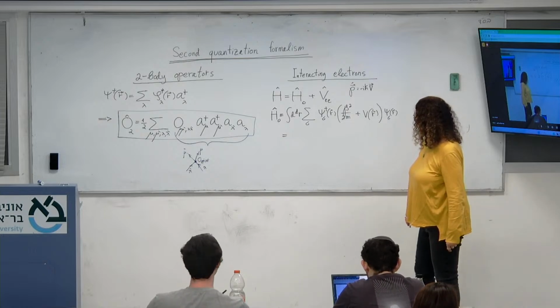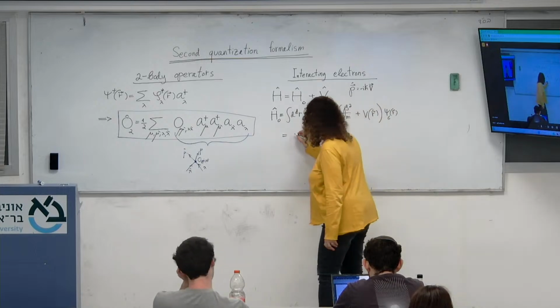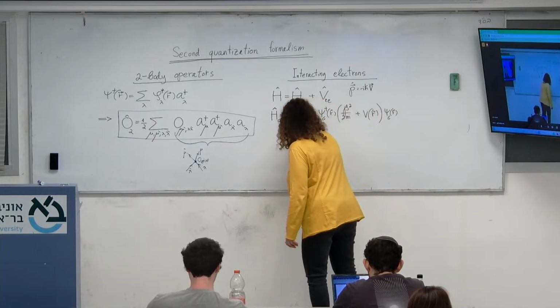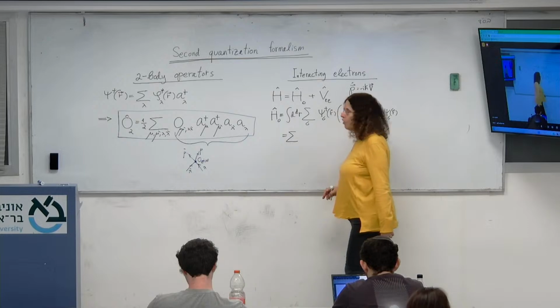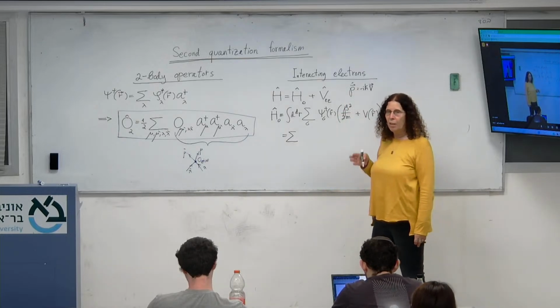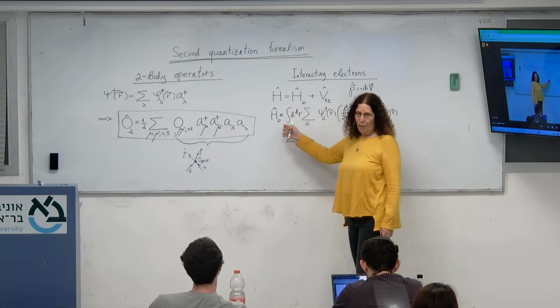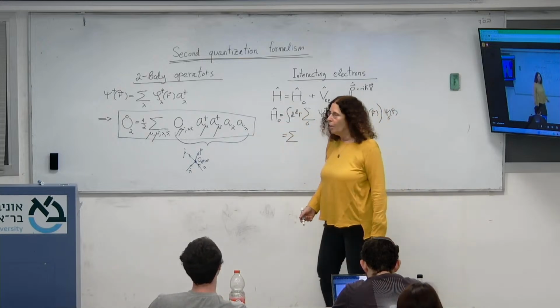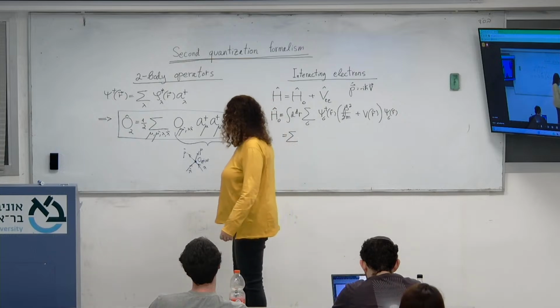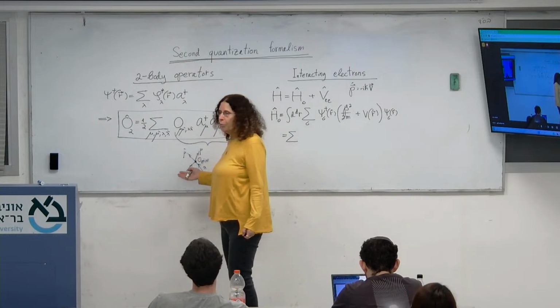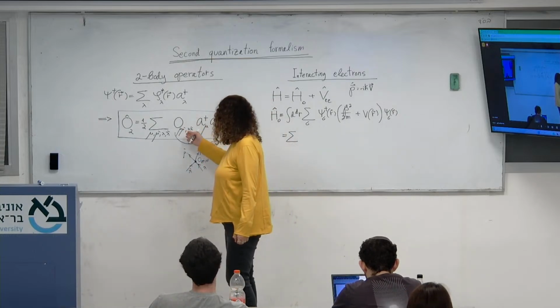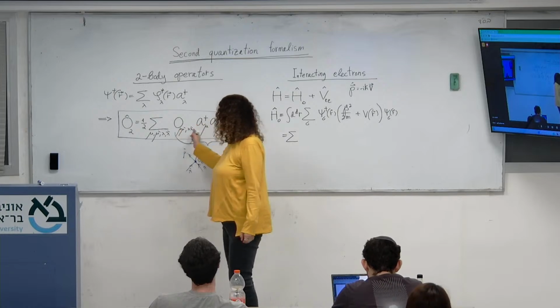So I want to rewrite it in the basis that is more convenient, and notice that it will be convenient only for H naught. Of course, in the interaction, I can't get away from the fact that I will get this form with all the indices.